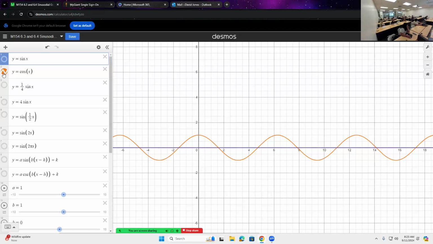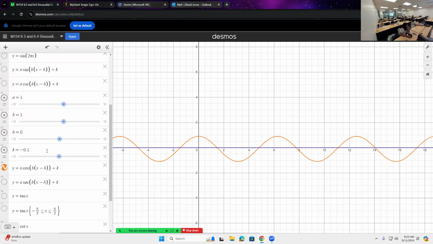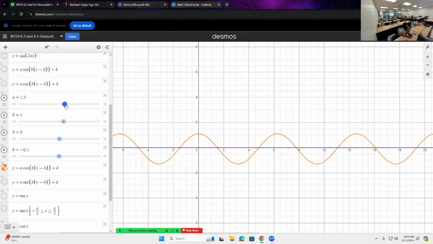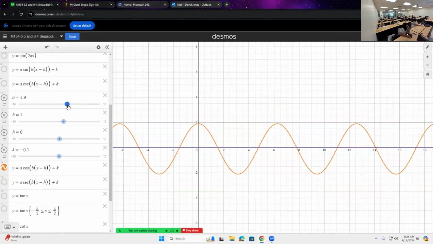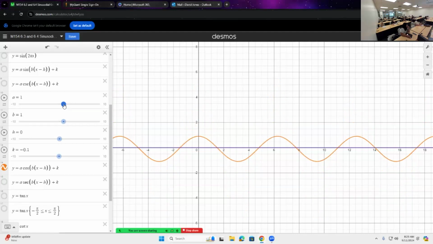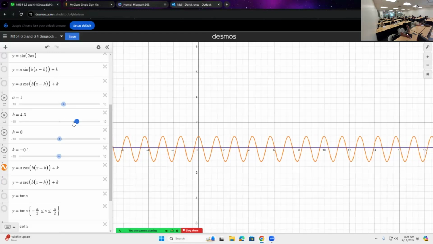But you'll see when we look at how cosine works, same properties go on. If A gets bigger, the number in front, the amplitude gets bigger. As B gets bigger, it repeats more often.